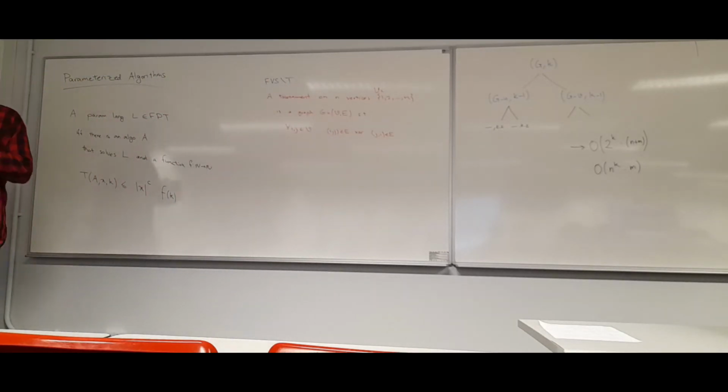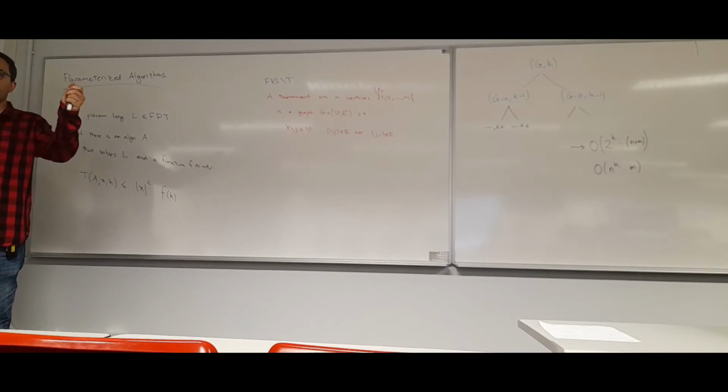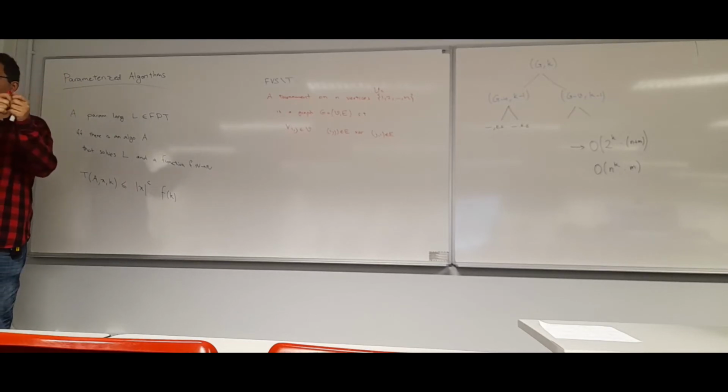Okay, so any two pair of vertices, either I have an edge from i to j or from j to i, but not both.